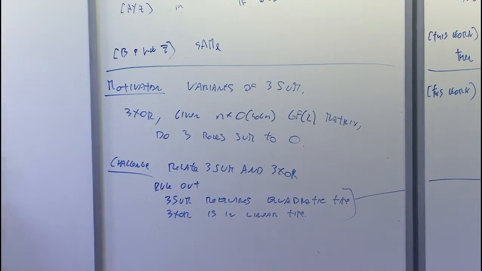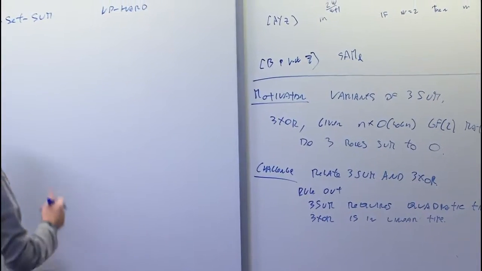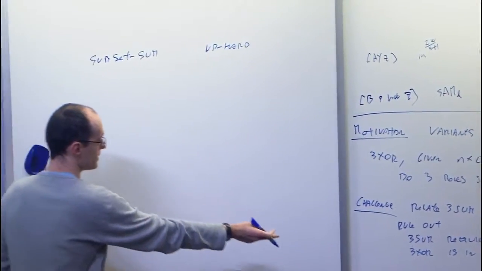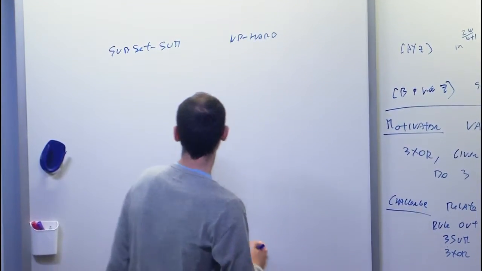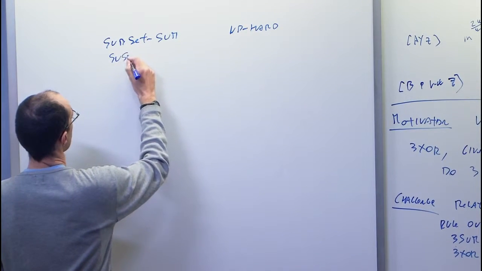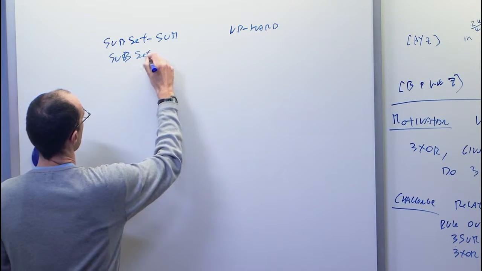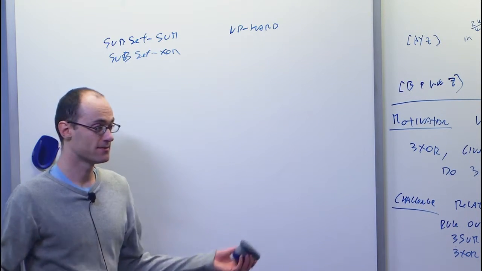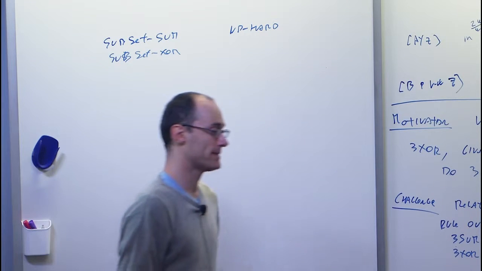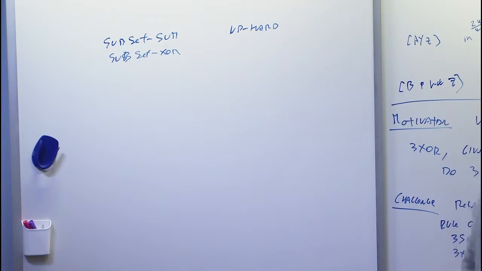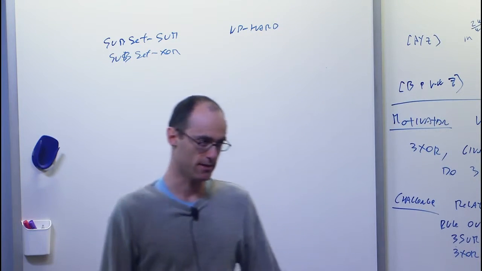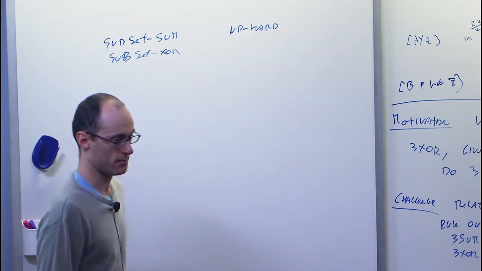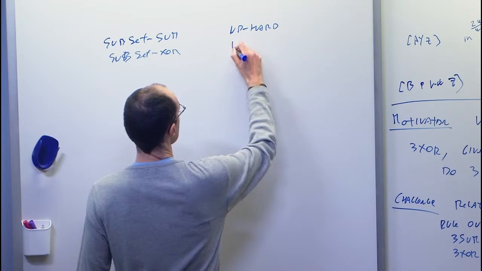You give a bunch of numbers, you want to have some subset that sums to 0. If you do the same thing for 3 XOR, you get subset XOR, which is easy. If I give you a matrix and you want to know if some subset of the rows sums to 0, you're just asking if the rows are dependent or not, and that can be done in polynomial time. So this is in P.